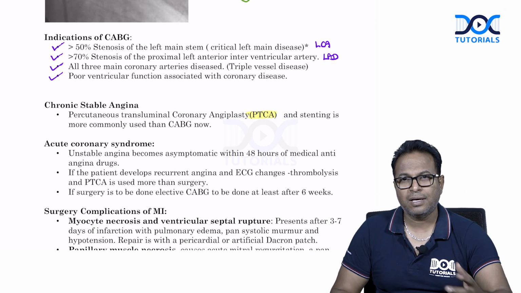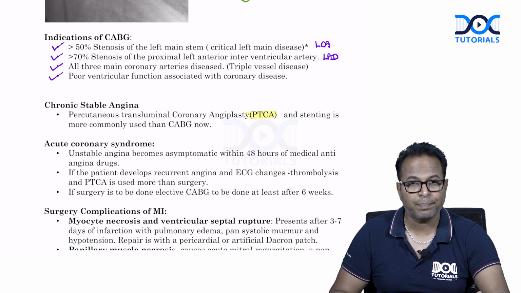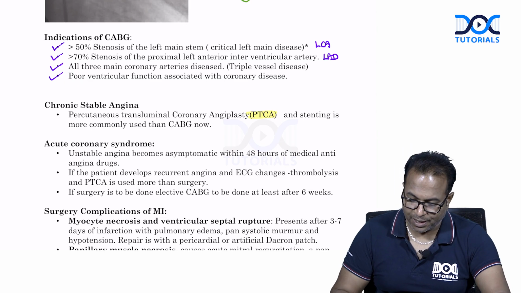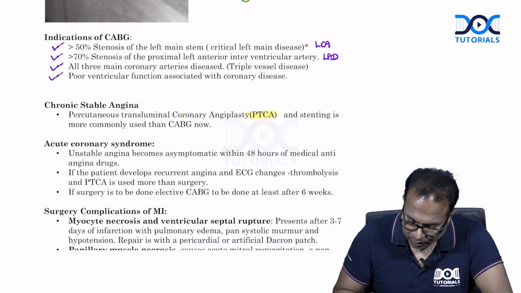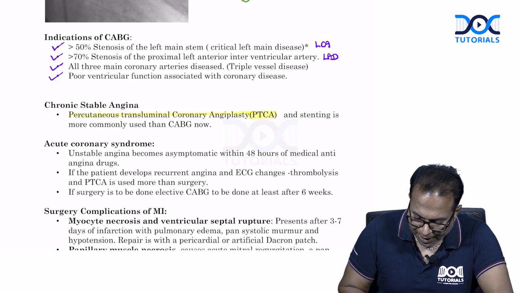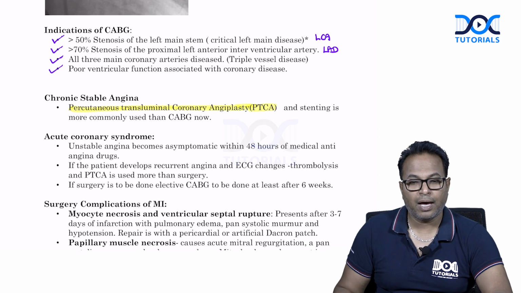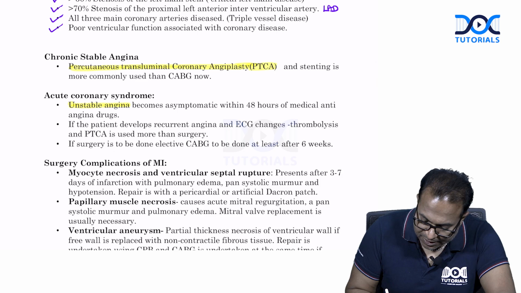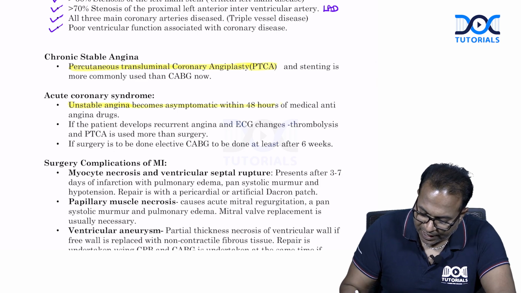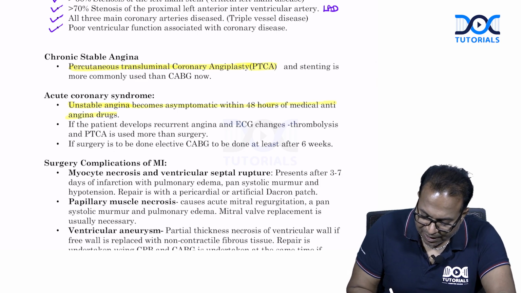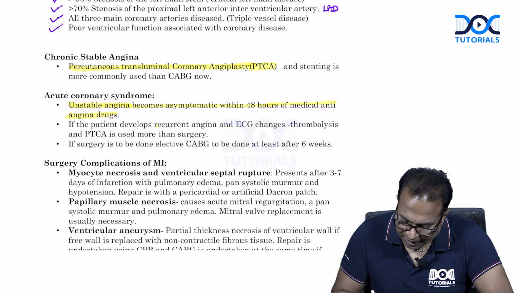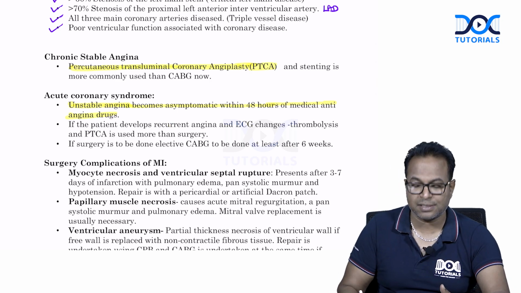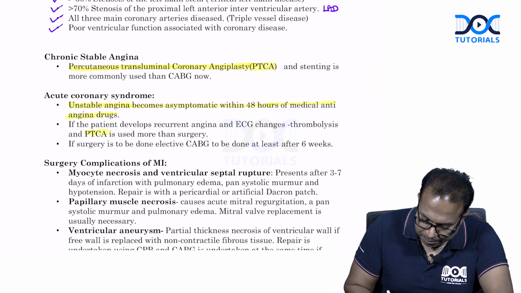Unstable angina is something you will be reading in medicine, just go through them. Chronic stable angina is now treated by percutaneous transluminal angioplasty alone. Acute coronary syndrome, unstable angina, becomes asymptomatic within 48 hours of medical anti-anginal drugs. If the patient develops recurrent angina and ECG changes, we can go for PTCA.